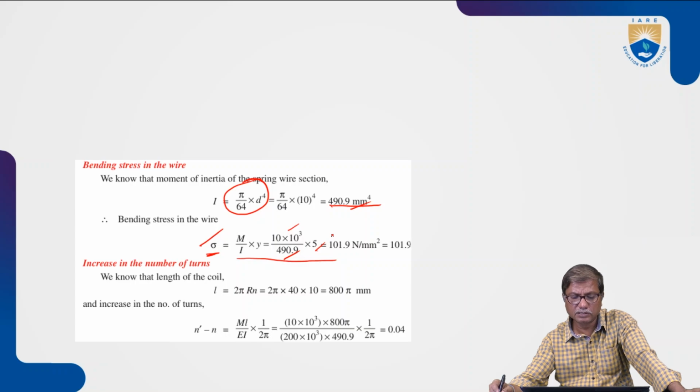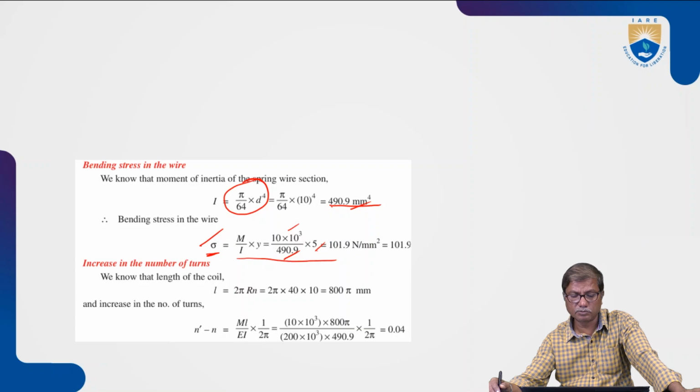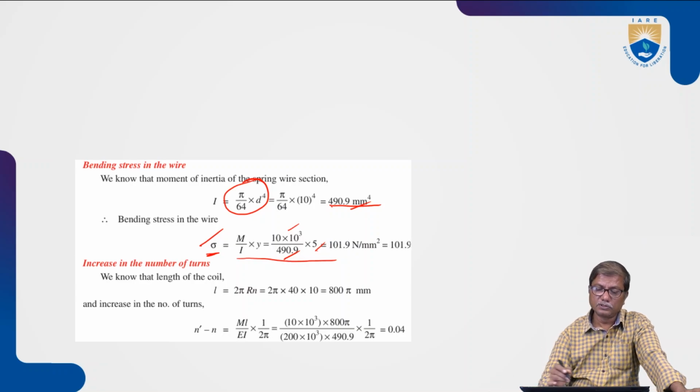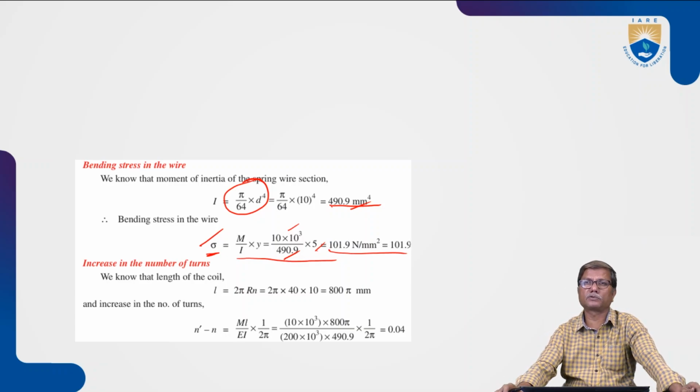Y is extreme fiber distance, that is, diameter of wire is 10 mm, so extreme fiber distance is d by 2. So you will get the bending stress in the wire material as 101.9 Newton per mm square.